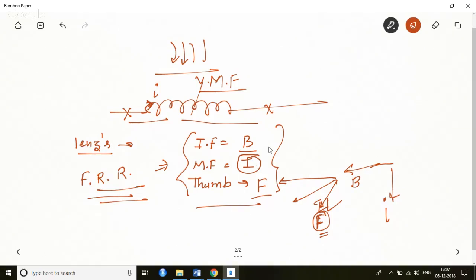Now let me go to alternating current generators or dynamos.